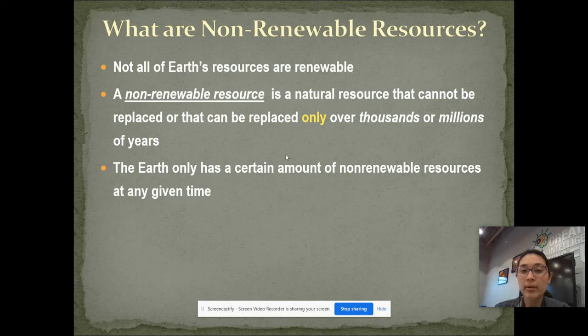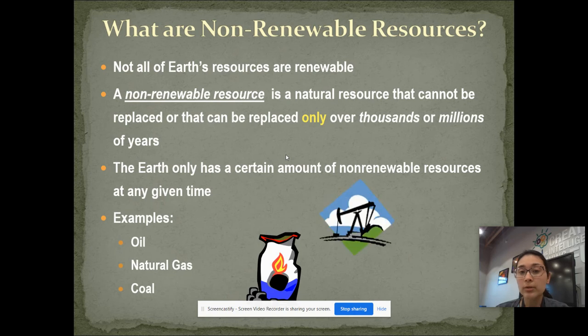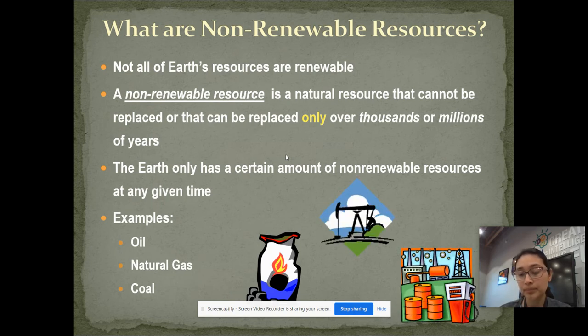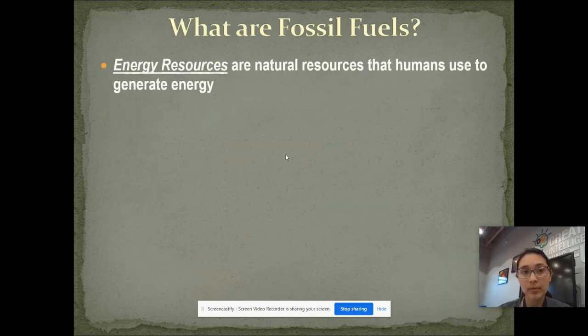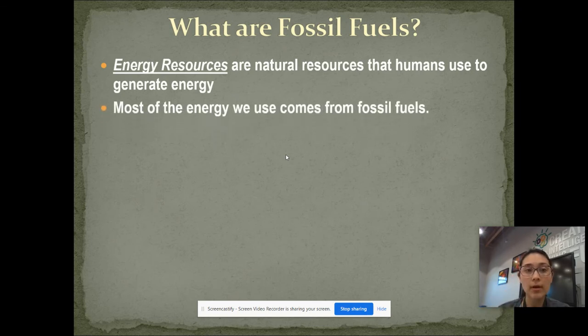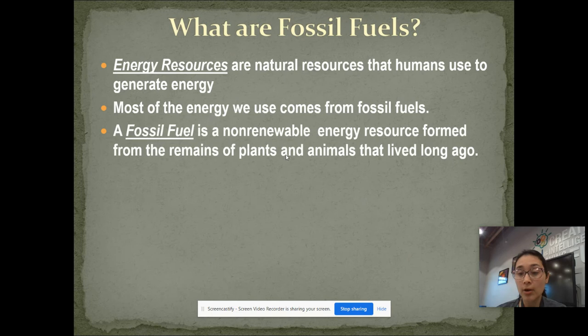The Earth only has a certain amount of non-renewable resources at any given time. Again, there are a lot of people on Earth, so we're using these non-renewable resources more quickly than they can be replaced, which means we're running out of them. For example, oil, natural gas, and coal. Most of the energy that we use today comes from fossil fuels, and fossil fuels are a non-renewable energy source.